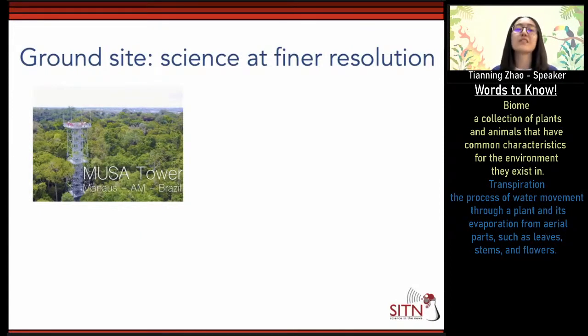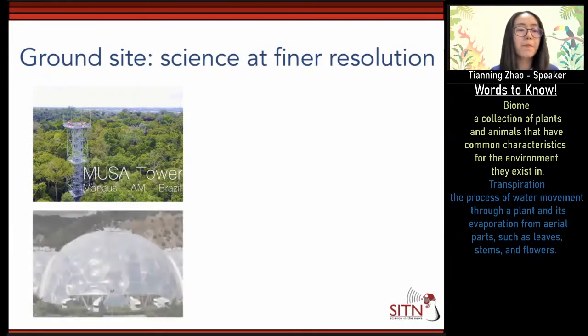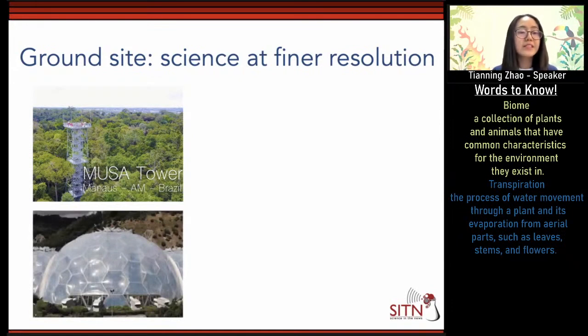They can provide us long-term measurements of both physical and chemical properties of the forest, so we can understand how the rainforest is responding to climate change by looking at different temperatures, the emission rate, and so on. And the towers are more like doing experiments in the field with nature.